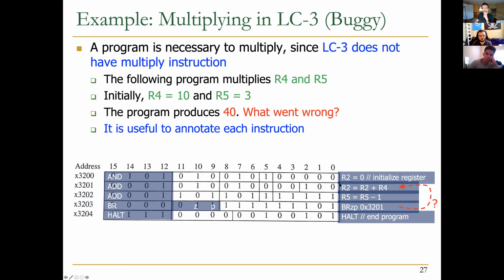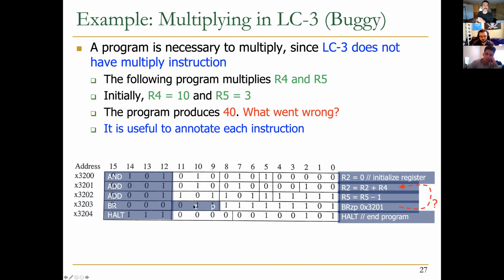Again, we branch. Again, we do this, and it becomes 30. R5 becomes 0. Again, we branch, because 0 counts as positive for this instruction. We branch, and then R2 becomes 40, which should not happen. And the bug becomes clear.